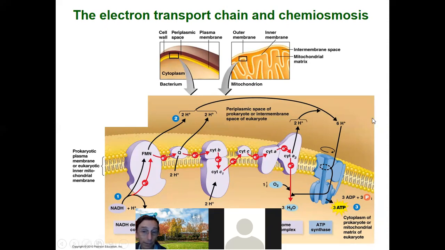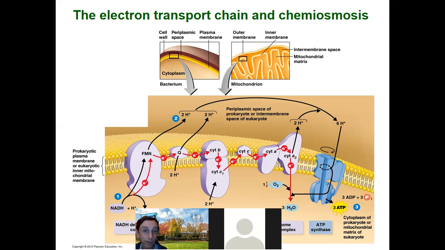Now for eukaryotes, they pump the hydrogen ion from the inner mitochondrial membrane into the space between the inner membrane and the outer membrane. Meaning in eukaryotes, we have this all compartmentalized, and it's there to protect the cell.